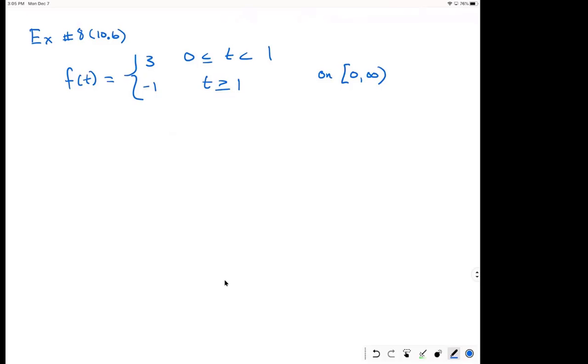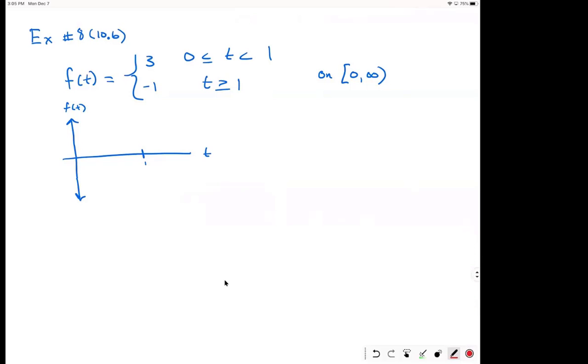So the first thing I want to do, if I can, in these cases, is to draw some sort of picture. Sometimes that helps some people, it doesn't help others. And I label my f of t, and I label my t, and I put the places where things are going to change, which in this case is at 1.